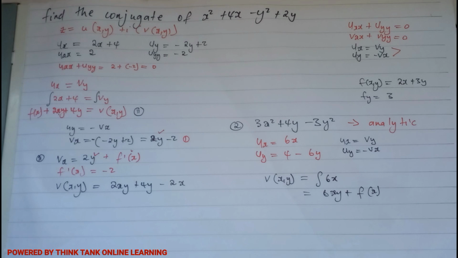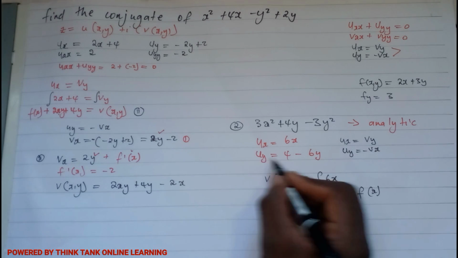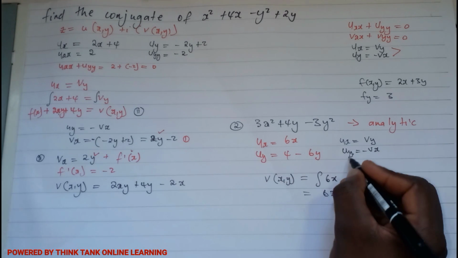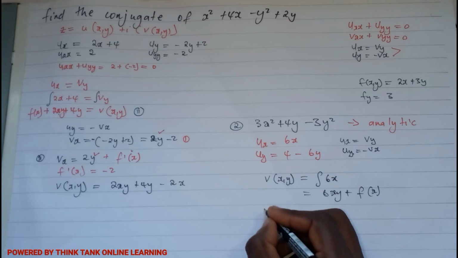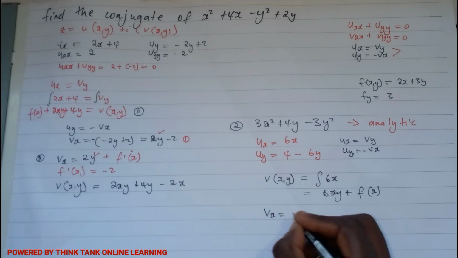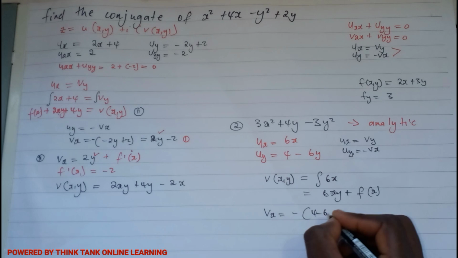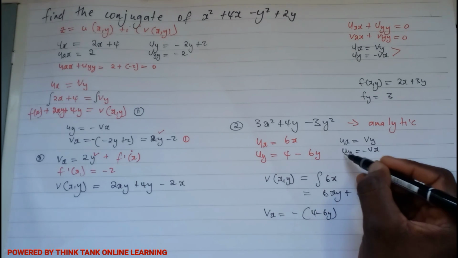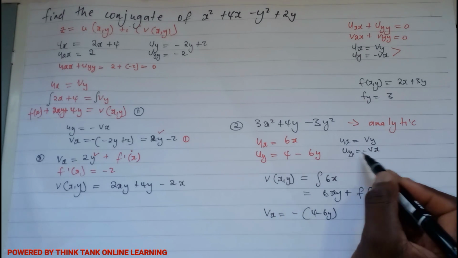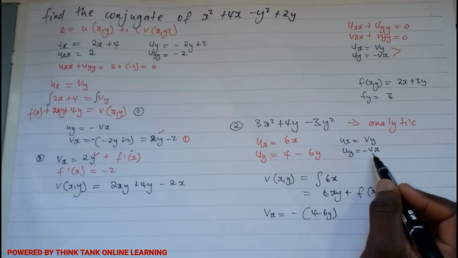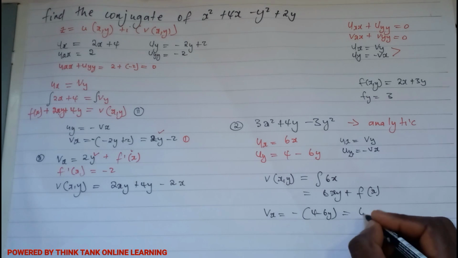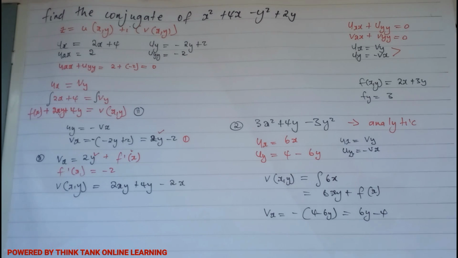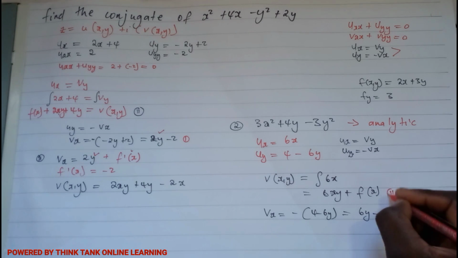Now we're going to use the other equation: vx is equal to the negative of uy, which is negative of 4 minus 6y, and this is equal to 6y minus 4. We're going to name this equation number 1, and this one is equation number 2.